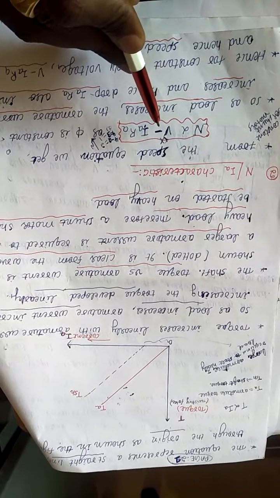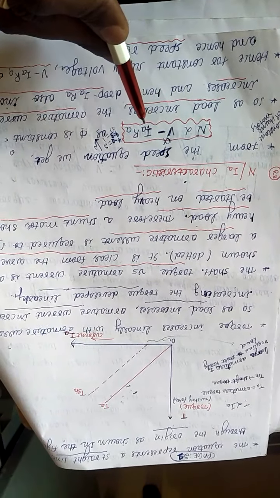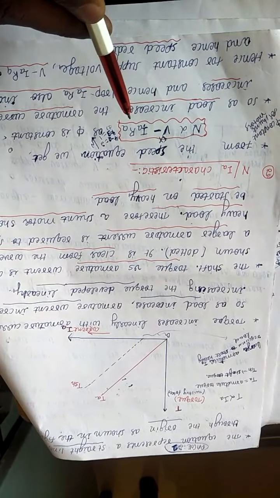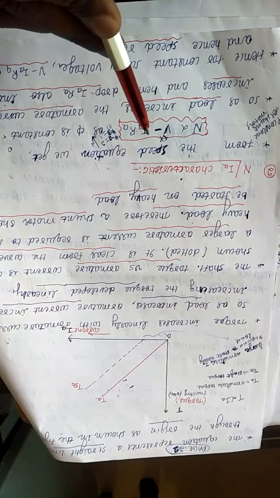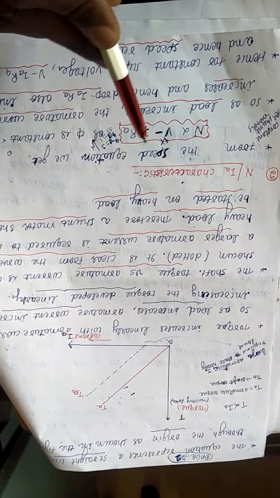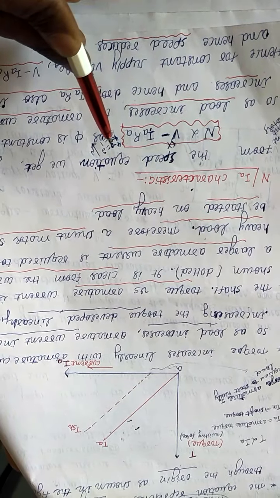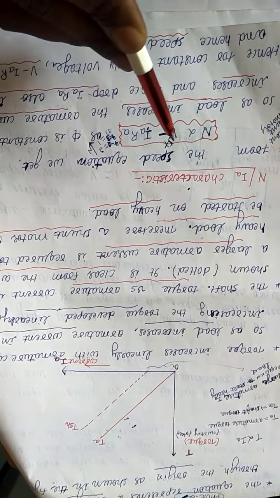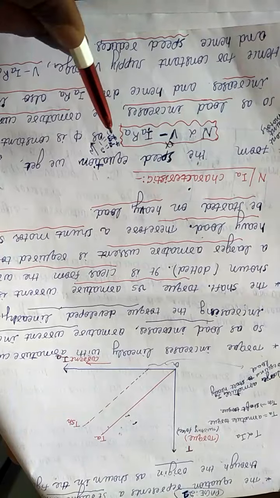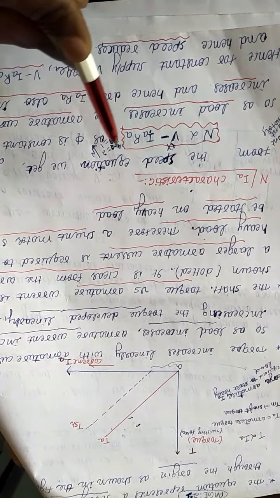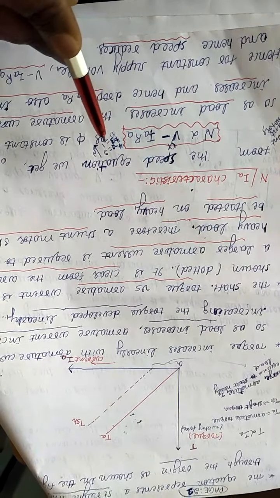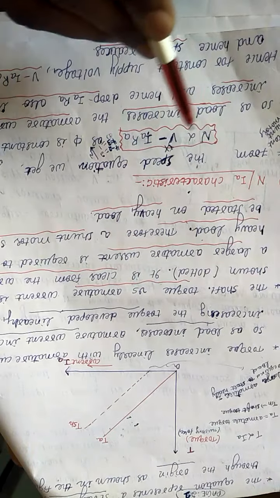Here the supply voltage V is constant. If the load increases, then armature current increases, and this component increases as shown here. Say Ia Ra goes from 2 to 3, and I assume V as 4. Then 4 minus 2 is 2, and 4 minus 3 is 1. So what happened to the value of N?